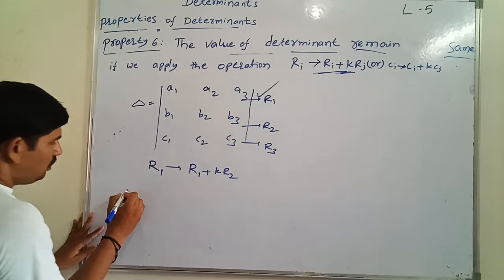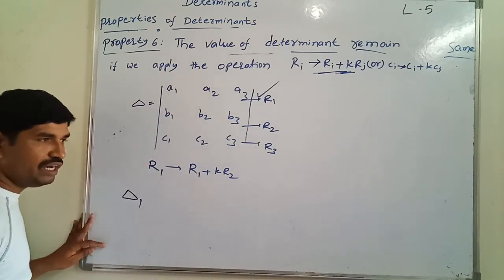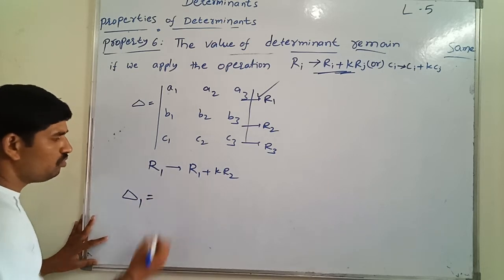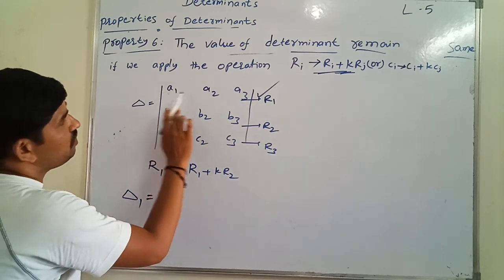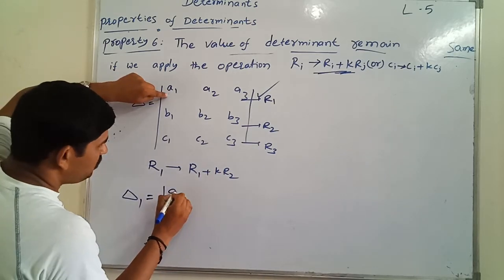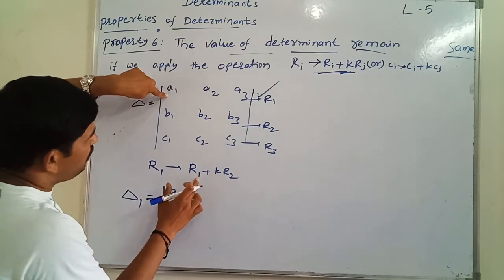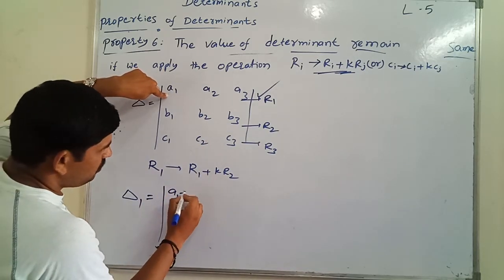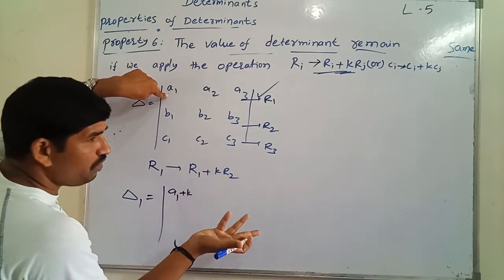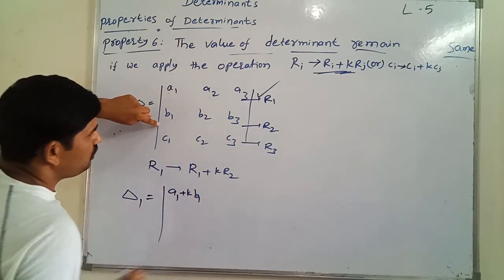Next, whatever the resulting determinant we get from this, say that is delta 1. Delta 1 is equal to, where is R1? This is R1. Where is R2? This is R2. So the R1 value is A1. Remember this, how to apply the operation is very important. A1 plus k into the element of R2. This is the R2 element.